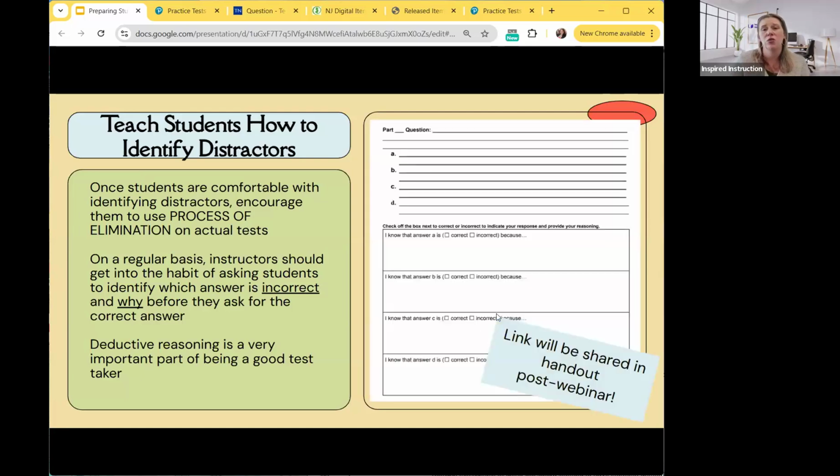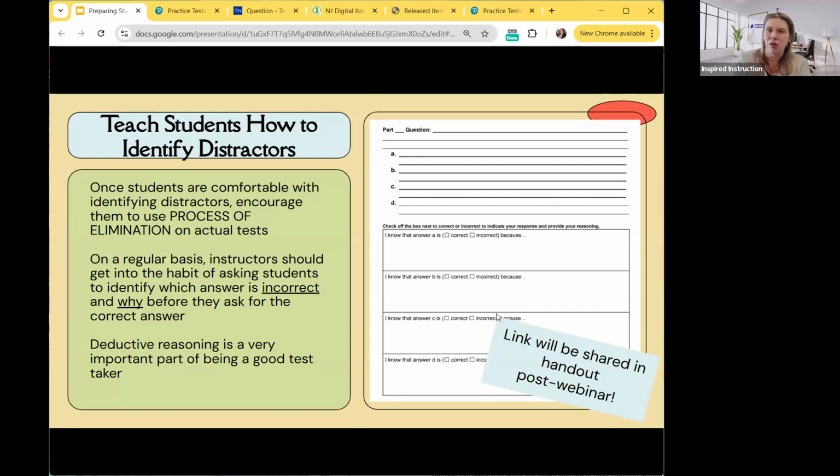So another resource that you're going to be getting after the webinar is what we call our distractor sheet. And you can pick any question. It could be a question from a practice test, it could be a question from one of your assessments. You ask the kids to write out the question and write out the answer choices, and you could even do that for them. And then they are basically explaining why each answer is correct or incorrect. This is something I've seen when I've gone into classrooms.